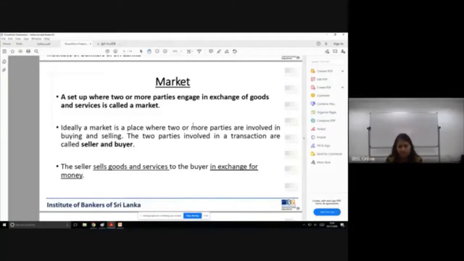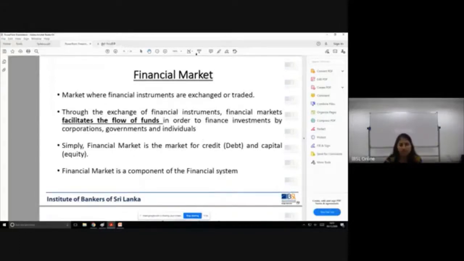Just like that, in a financial market, the seller, who is the issuer, will issue financial instruments. The investor will own the financial instrument and give out the funds. So a financial market is where financial instruments are exchanged or traded.